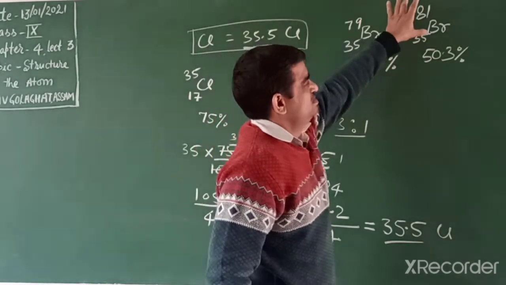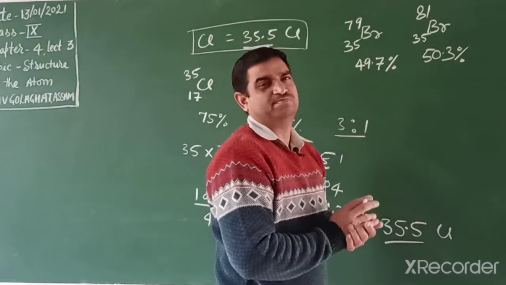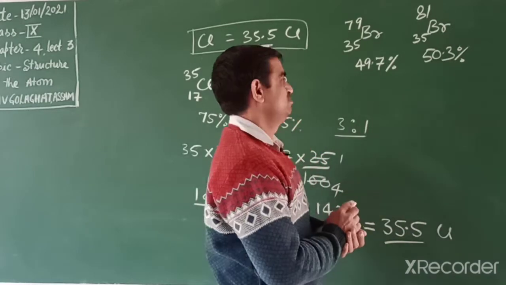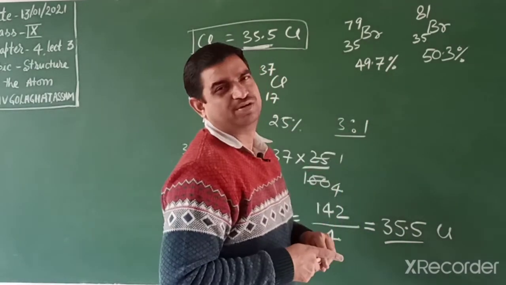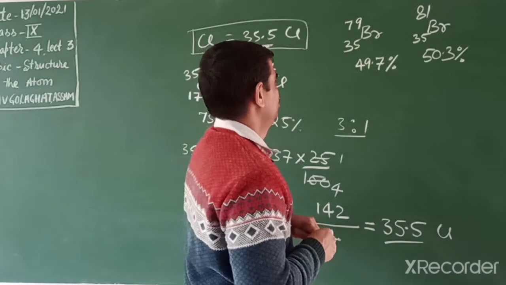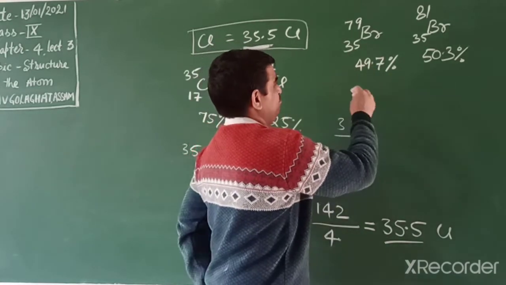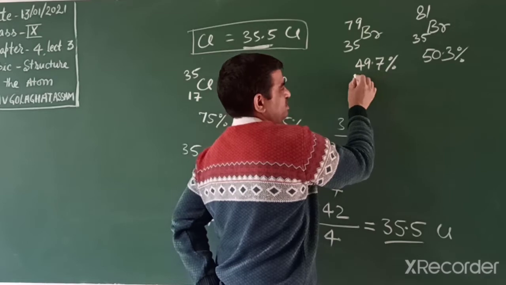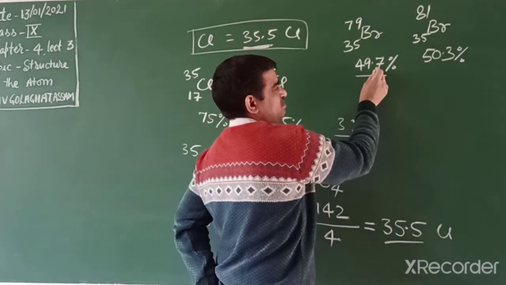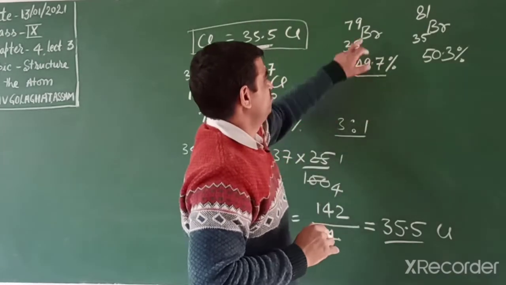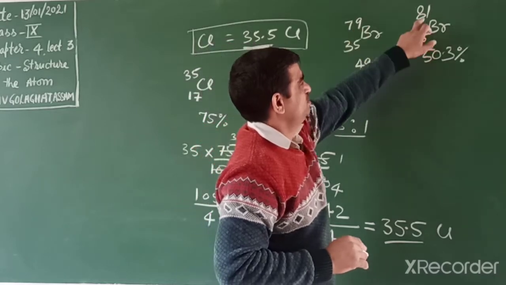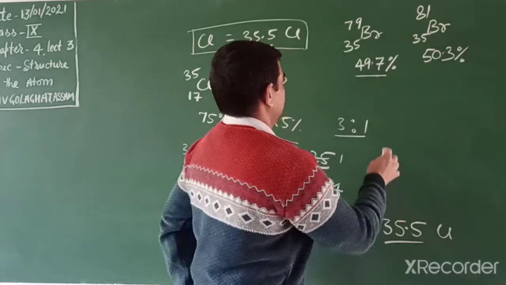Then students, how can we find what mass of bromine we have to take? Then we take the average of these two isotopes. We can find it in the same way, because 49.7% of atoms have mass 79 and 50.3% have mass 81.